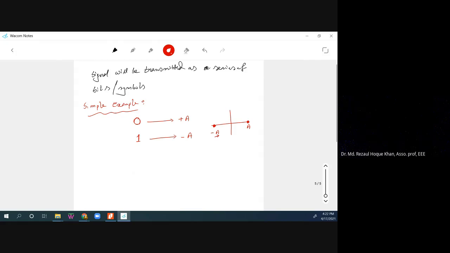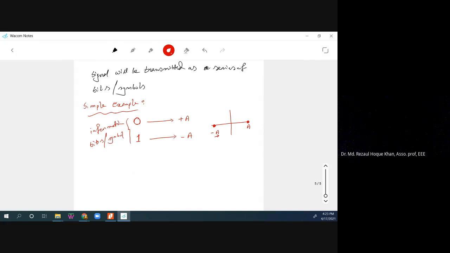So this is actually our information bits or information symbols.